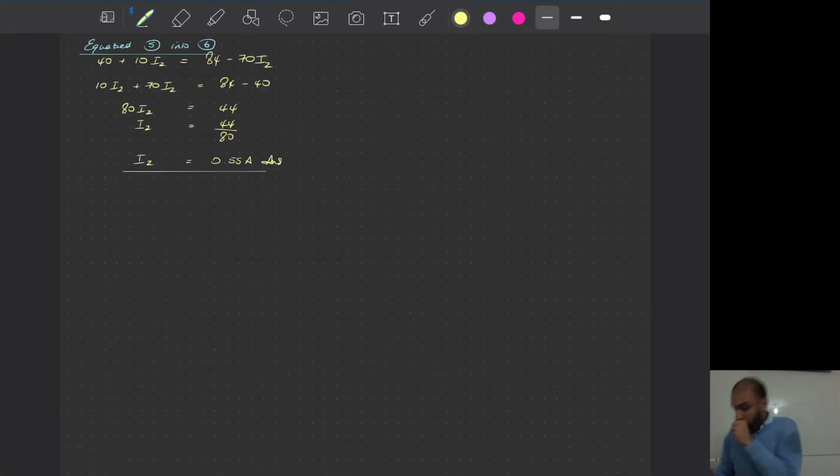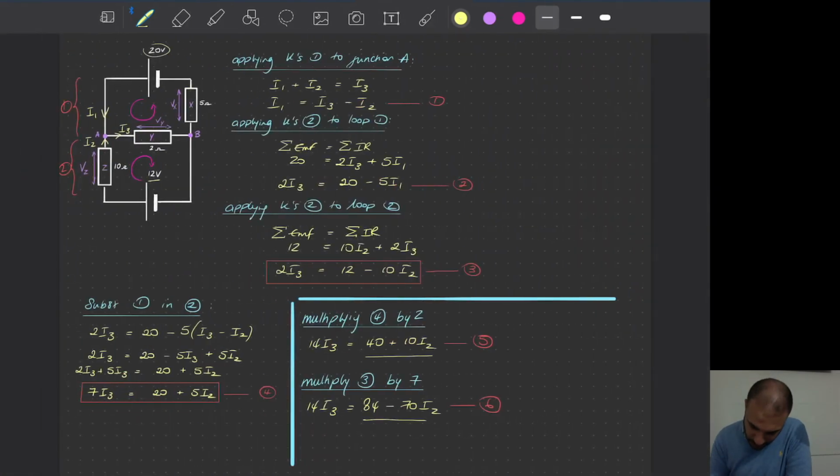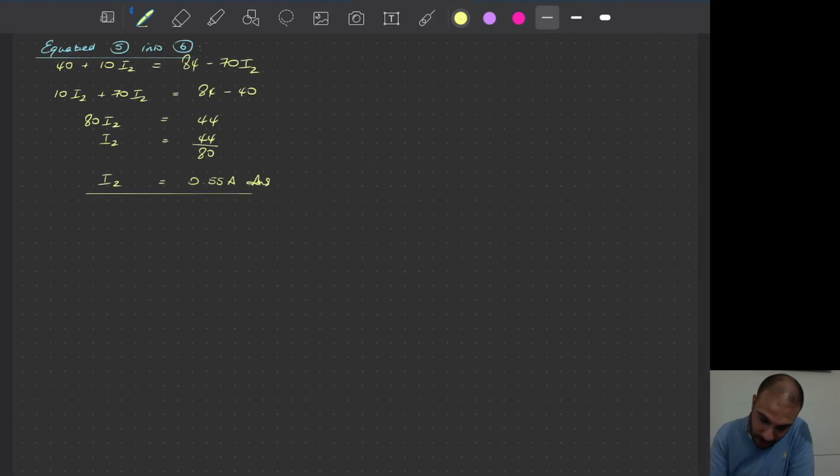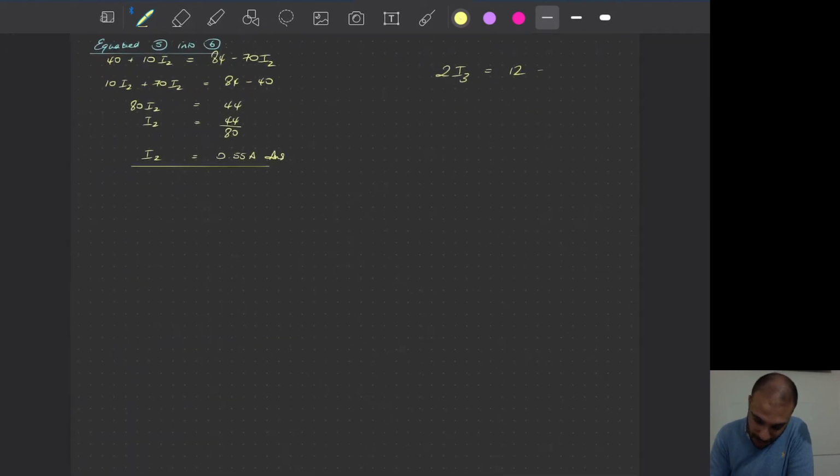Now we found i2. We find an equation that has i2, for example equation 3, so that we can find the other unknown, i3. So 2i3 is equal to 12 minus 10i2.